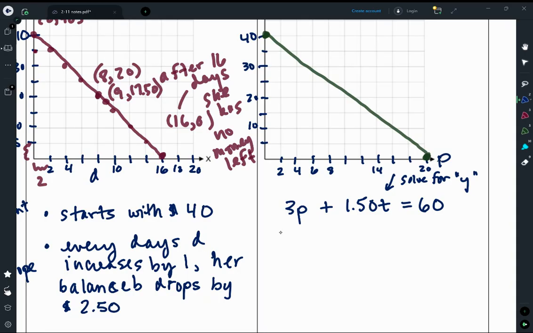All right, so I need to move the p part to the other side, subtract 3p on both sides. So $1.50 t equals negative 3p plus 60. Remember, always trying to put that slope part first and then the y-intercept part. And then we'd have to divide everything by $1.50.